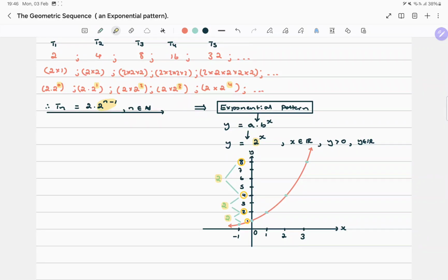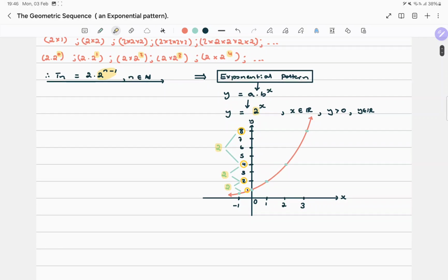Okay, but now let's see when we put this on the Cartesian plane itself and put it to the test. It's always nice to do so. So that's the origin. That's going to be n. That's going to be Tn. So we have 1, 2, 3, 4, 5, 6, 7, 8.